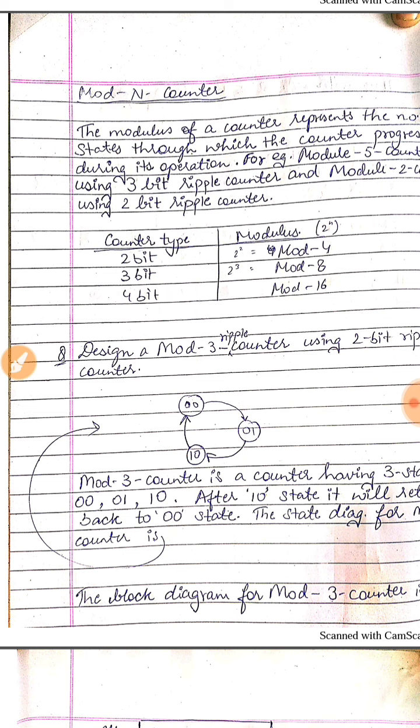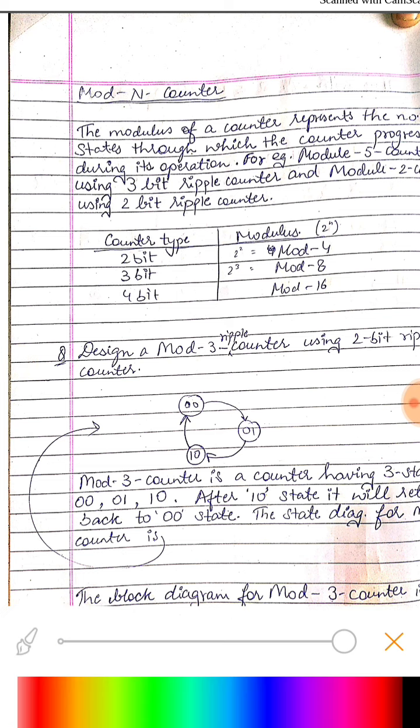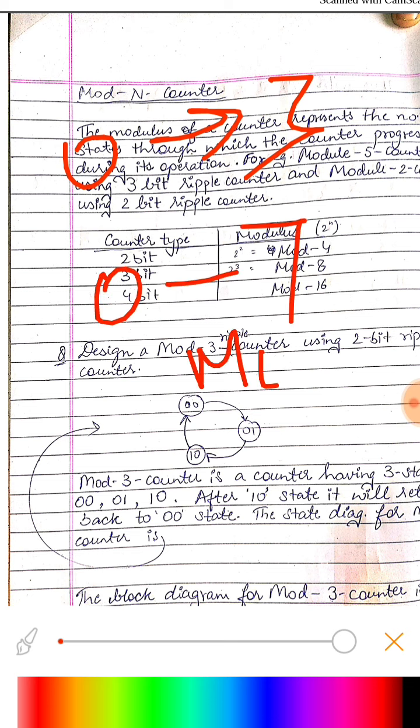So let's say I want to design a 2-bit counter. As we know, a 2-bit counter would count from 0 to 3. If I have a 3-bit counter, then it would count from 0 to 7. It is also called a mode 8 counter. Similarly, 0 to 3 is called a mode 4 counter.